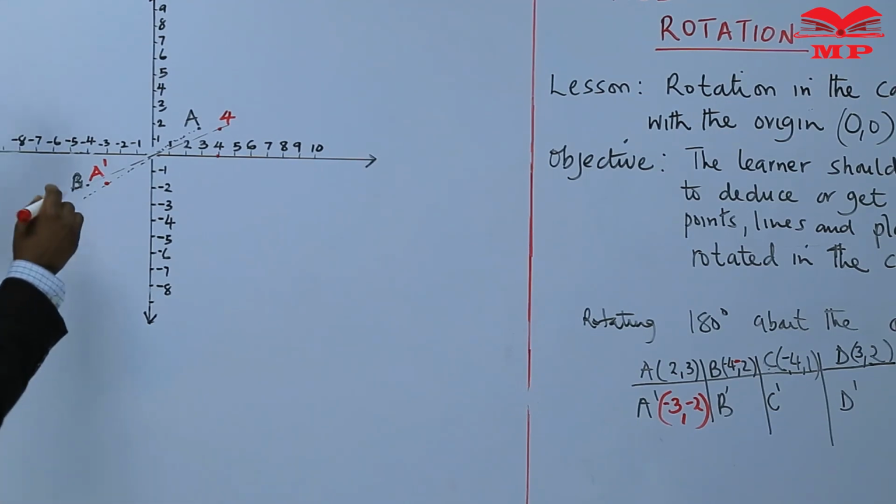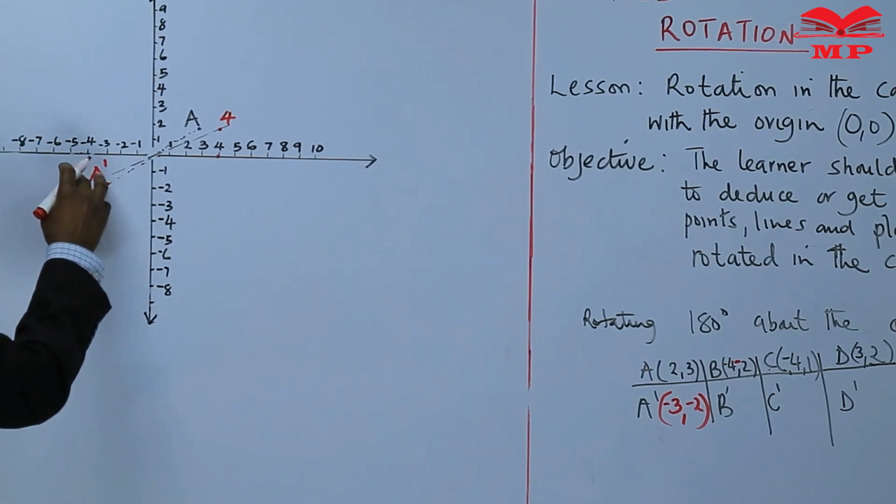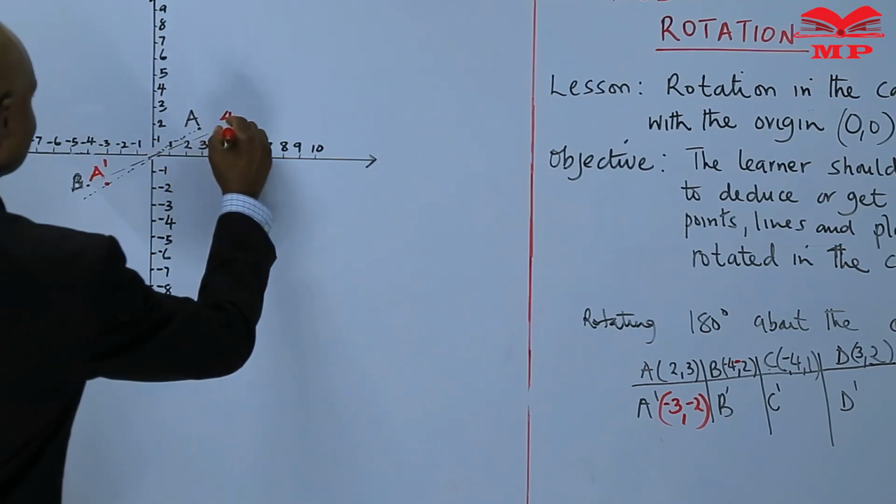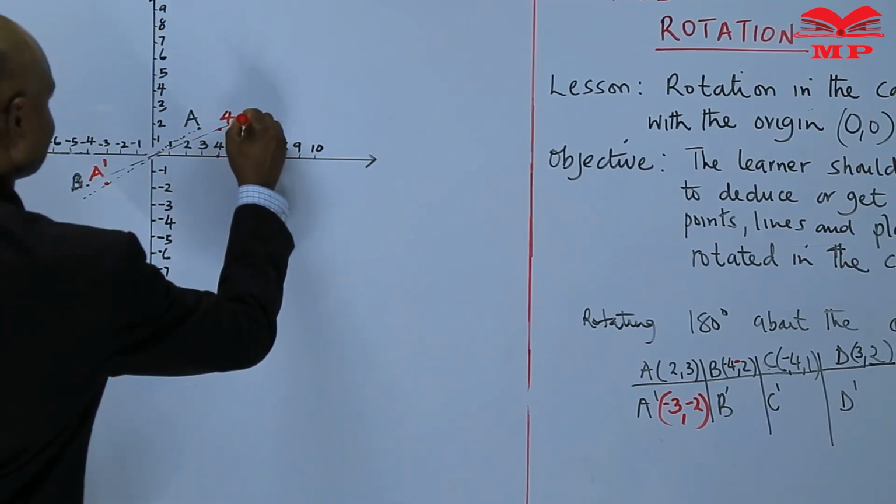Let's use negative 4, negative 2. So if you turn, you'll come and get your B prime here.